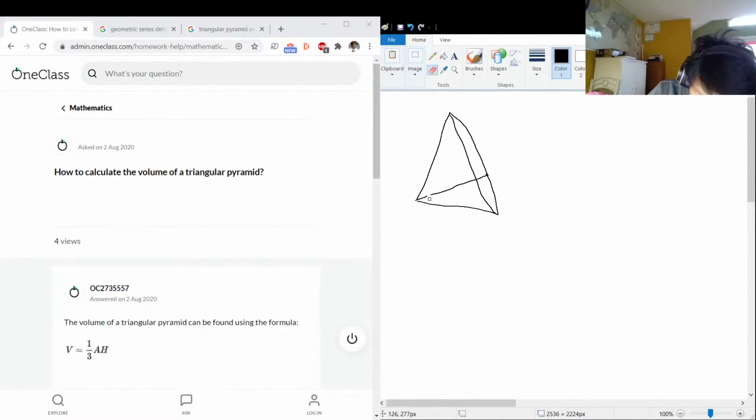Maybe it'd be better if I draw this as a dotted line to show that this is behind the current plane. And an unfolded look at a triangular pyramid would look a little something like this.